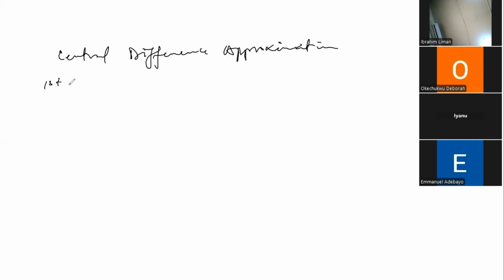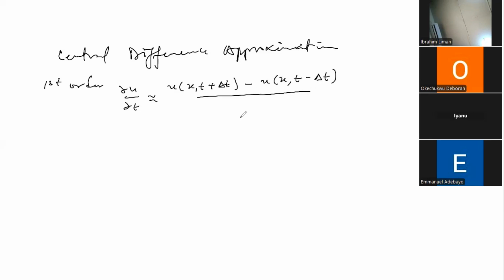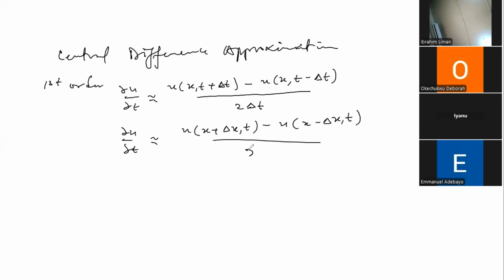Now for the first order, we have du/dt approximately u(x, t plus Δt) minus u(x, t minus Δt) over 2Δt. And du/dx is approximately u(x plus Δx, t) minus u(x minus Δx, t) over 2Δx. So the second order also follows directly.